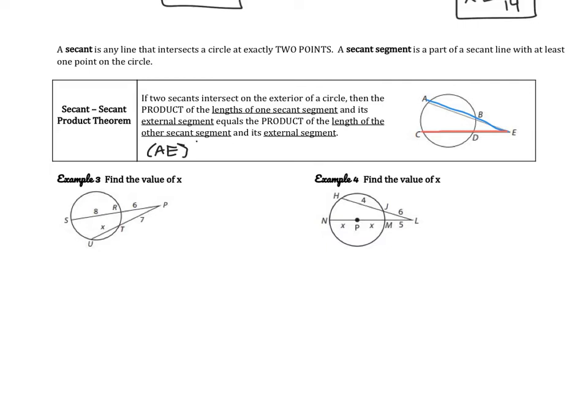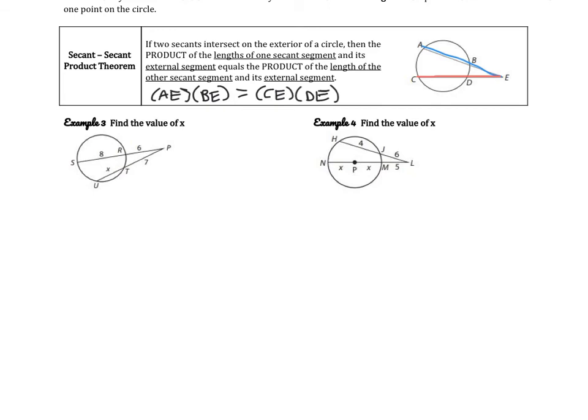So AE times the exterior segment, BE, equals total segment, CE, times the exterior portion, DE. And that's how we would use our secant product theorem. So it's total times outer portion, total times outer portion.